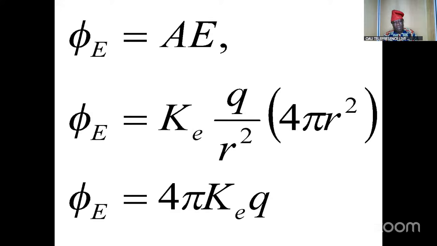The next question relates to the electric flux, which we call phi subscript E. In this question, the electric field is to be determined. The electric flux is 17.5 watts per meter square.